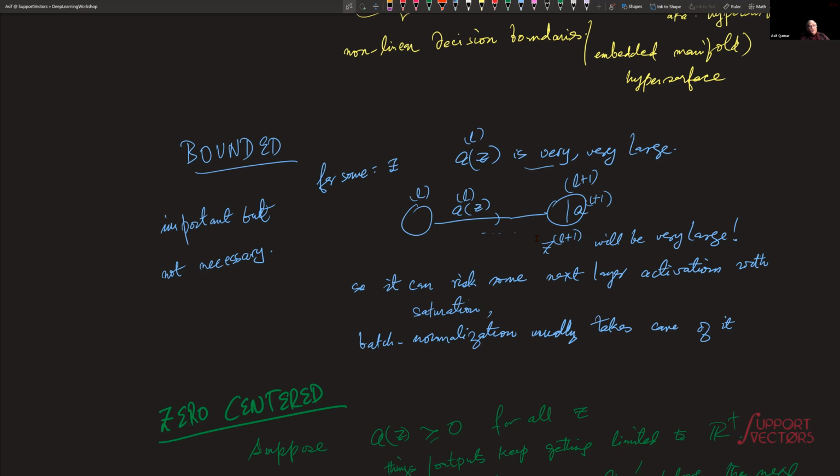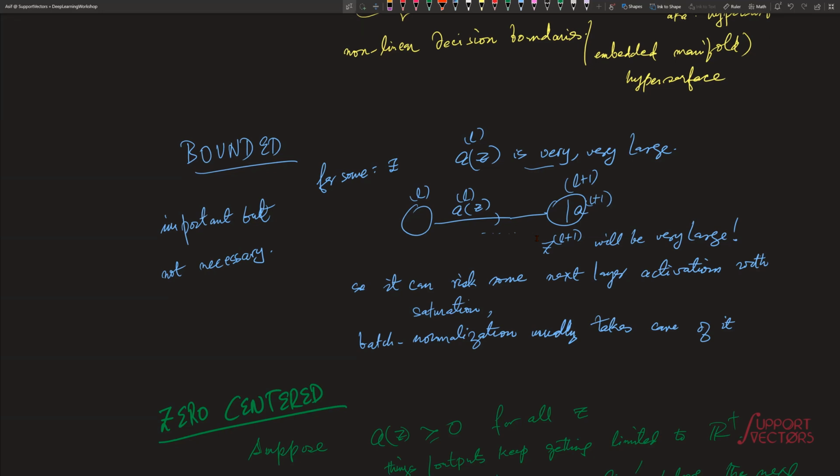Then come certain properties which, if you have, lead to benefits. One of them is boundedness. In other words, the values don't just explode. And the other is zero-centeredness, which means you have both negative and positive values. So as we work our way through the different activation functions, keep these 5 properties in your mind, and we will see how well they play with these 5 properties.